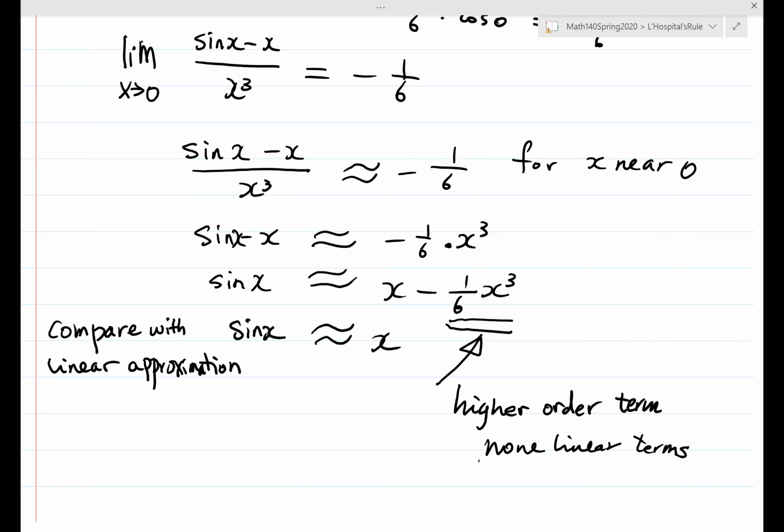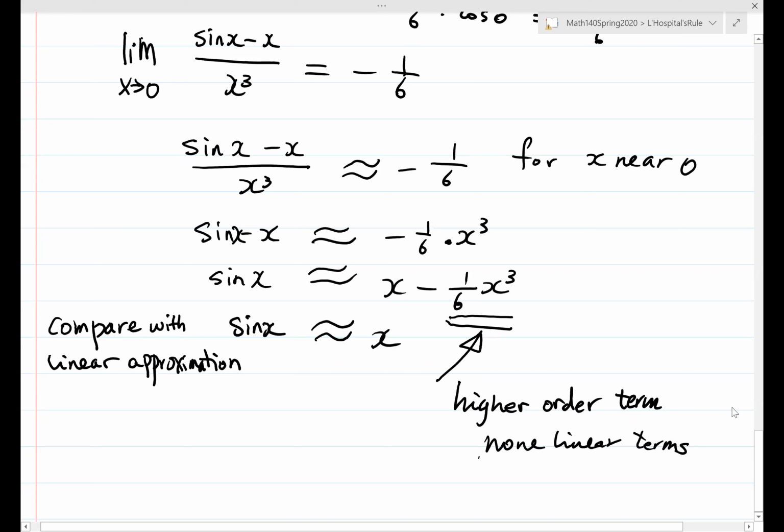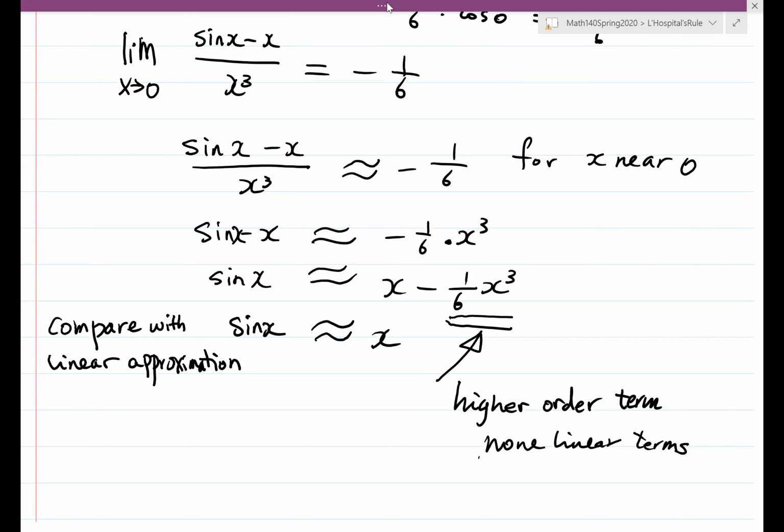In several examples, it can give a nonlinear approximation. You may check how good this nonlinear approximation is. For instance, check this with a calculator and compare which is the better approximation. Okay, for instance, let's do one example.